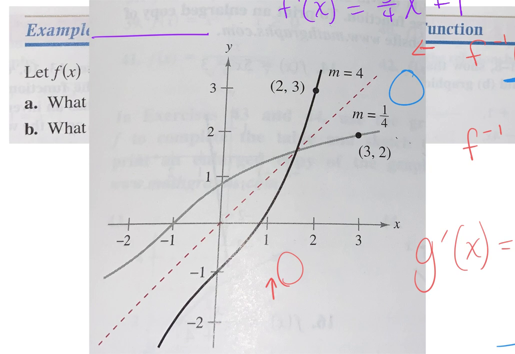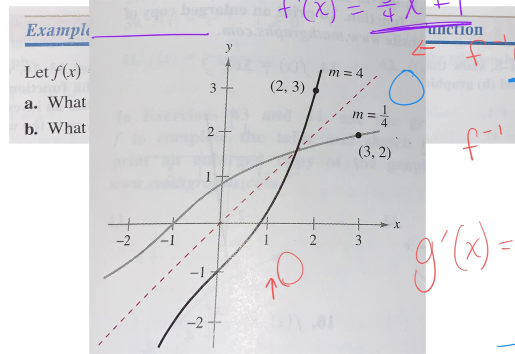Good? They're asking what happens when I plug a 2 into that. Plug a 2 in. So we're going to say 1 over 3/4 times 2 squared plus 1. So we have 1 over 3/4 times 4 plus 1. 3/4 times 4 is just 3. 3 plus 1 is 4.